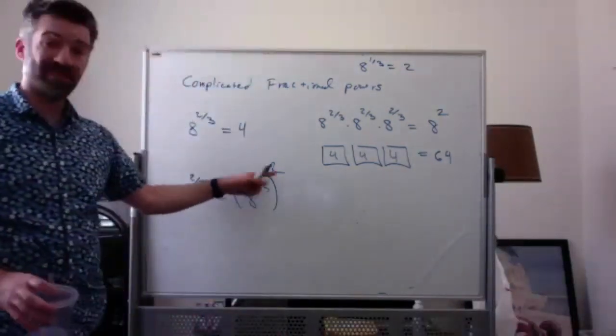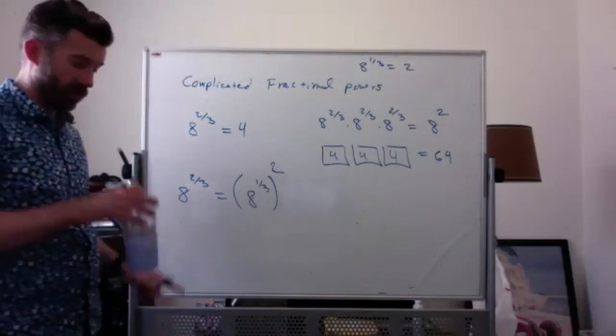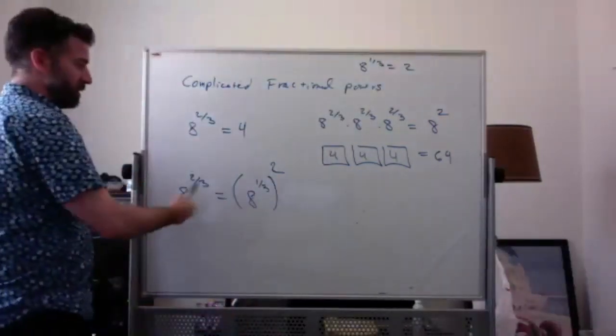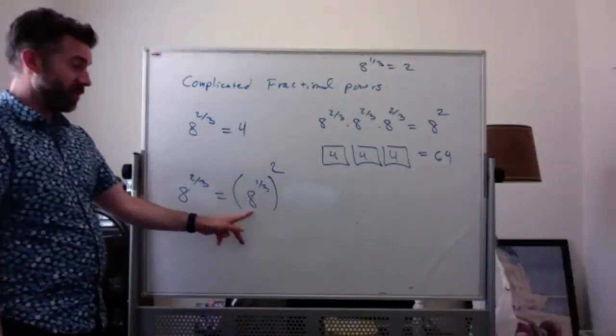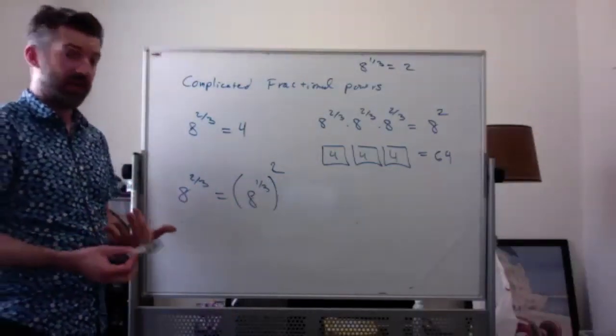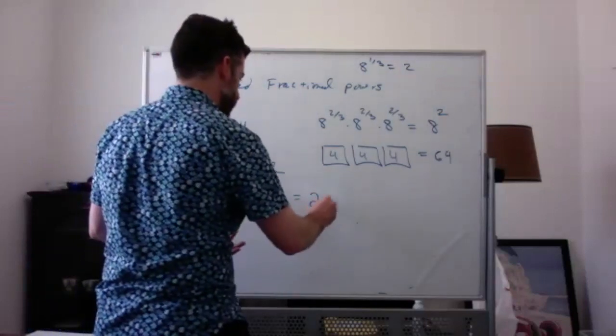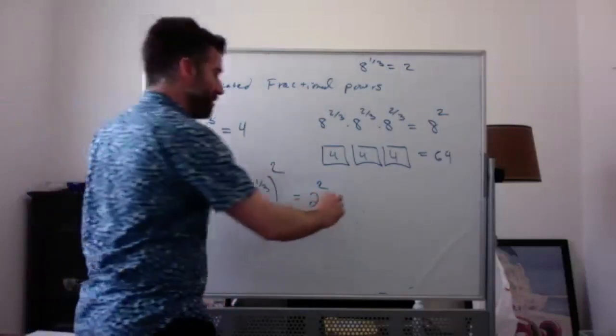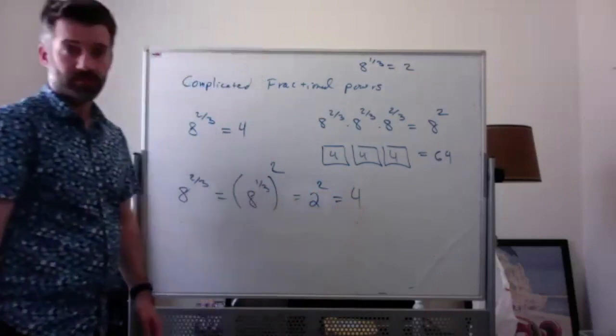Right? 1/3 times 2 is equal to 2/3, so these expressions are the same. 8 to the 1/3 we know is the cube root of 8, which is equal to 2. And 2 squared is equal to 4.